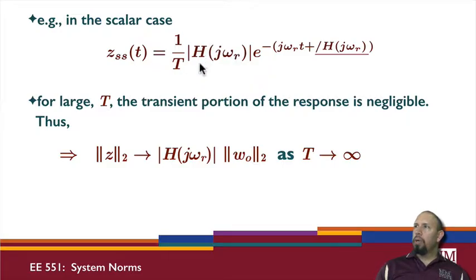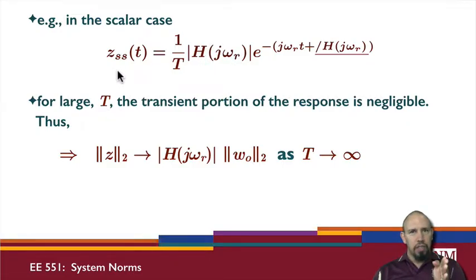Our output, when you apply a sinusoid to a linear system, the output is a sinusoid, different magnitude, different phase. So that's the concept of the Bode plot. The magnitude is the magnitude of the transfer function evaluated at that frequency. The phase is the phase of the transfer function evaluated at that frequency.